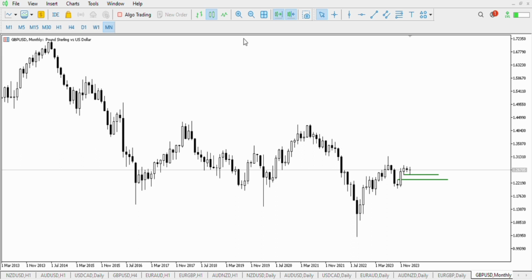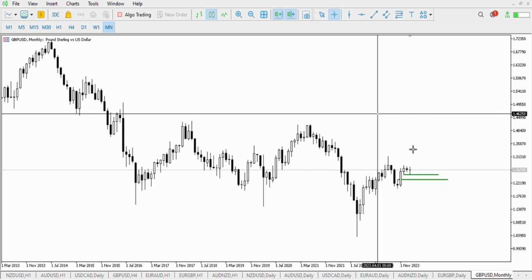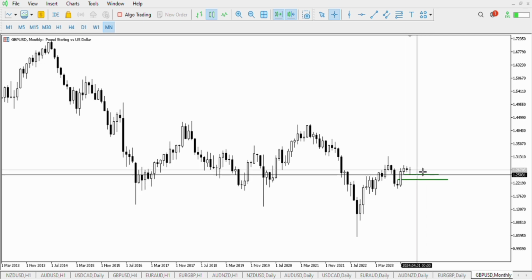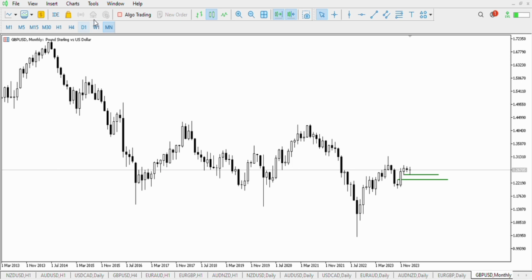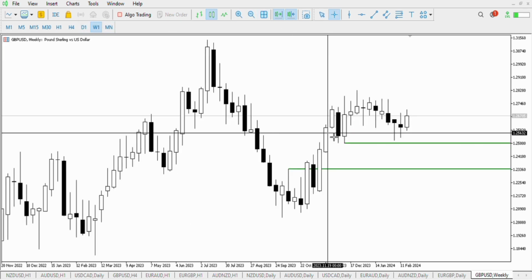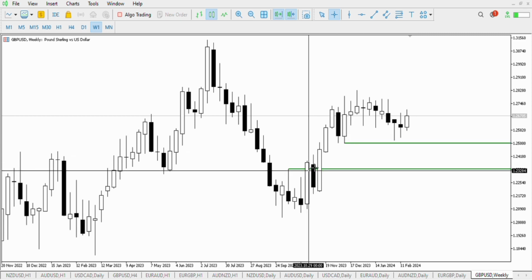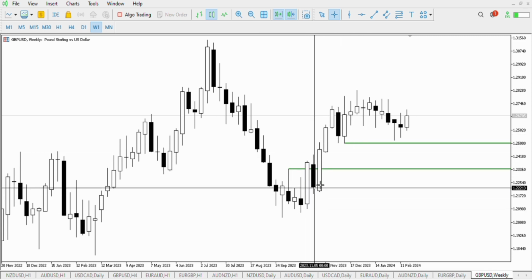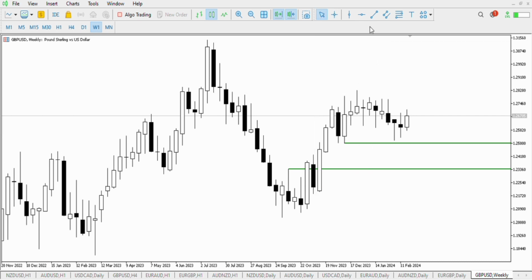So let's quickly go to the weekly time frame to check this fair value gap right here, and see if there's anything else I can take note of. Now if you look at the weekly time frame, you realize that in between these lines, that is the fair value gap, we have this other block right here. This other block can also be a place for price to draw down towards.